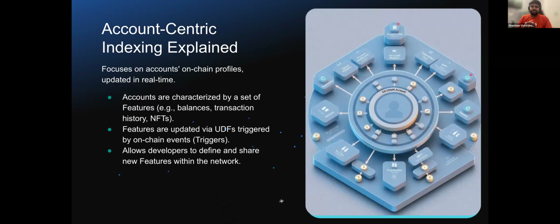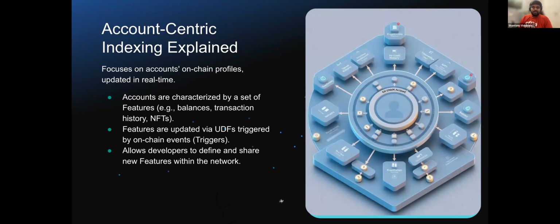Let's dive a little deeper into what ACI is and how it essentially works. ACI focuses on on-chain profiling and it updates in real time. Second, you can categorize accounts based on transaction balances, histories, NFTs, and there are a lot more categorizations that you can do, on whatever basis you want to categorize your accounts.